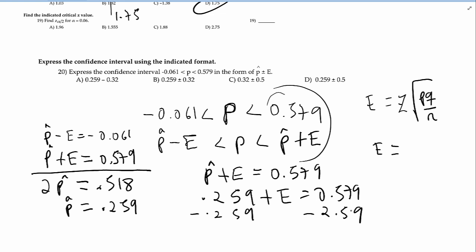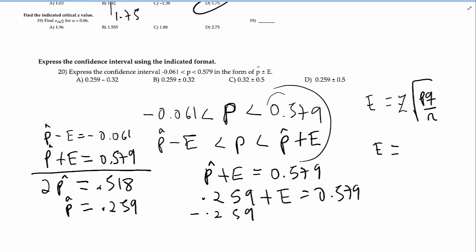Oh, this is 0.2, sorry. Oh my gosh, my eraser. Okay.